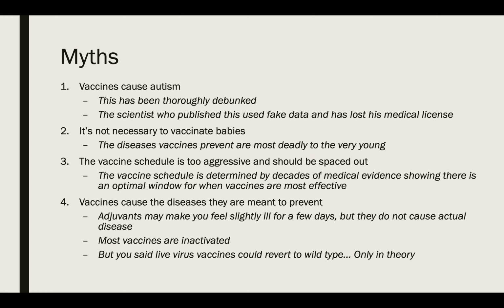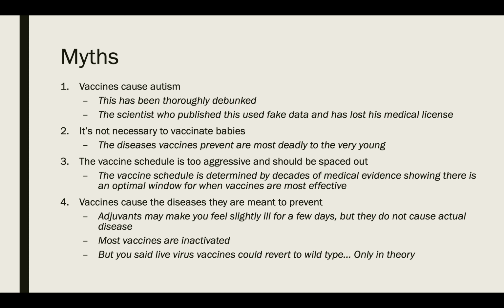All right, another myth: it's not necessary to vaccinate babies. The diseases that vaccines prevent are most deadly to the very young. It is very important to vaccinate babies. And this goes with the next myth, that the vaccine schedule is too aggressive and should be spaced out. The vaccine schedule is determined by decades of medical evidence that show there is an optimal window for when vaccines are most effective.